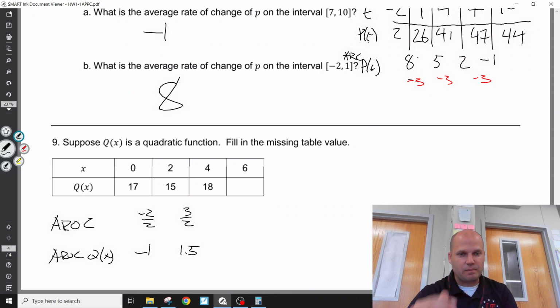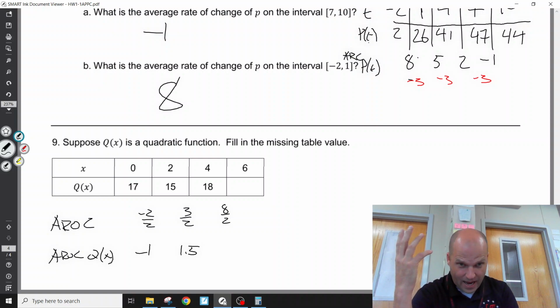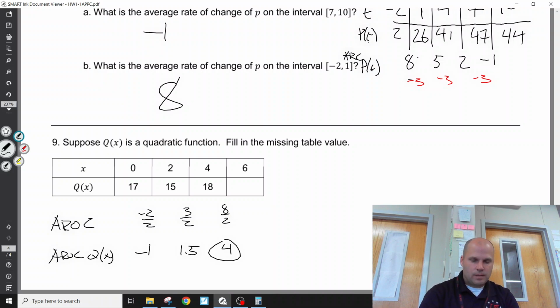I must be increasing by 2.5, or 5 halves. So this would be a total of 8 halves. 2.5 plus 1.5 is 4. Okay, cool. This is 4 y's per x. I've covered 2 x's. 4 y's per x would cover a total of 8 y's over 2 x's. 26 must be the missing value.